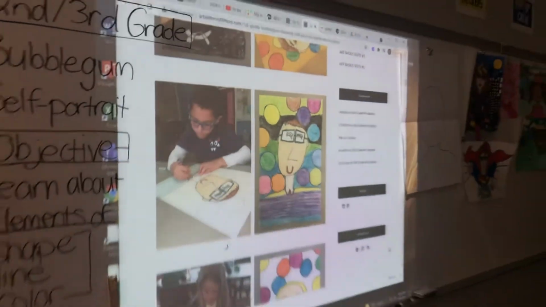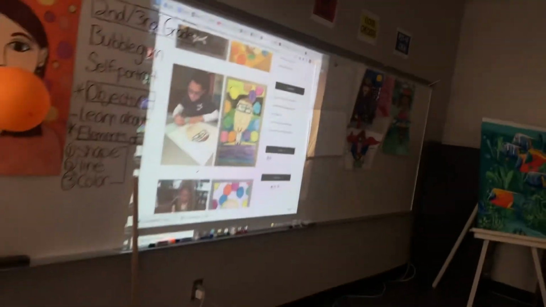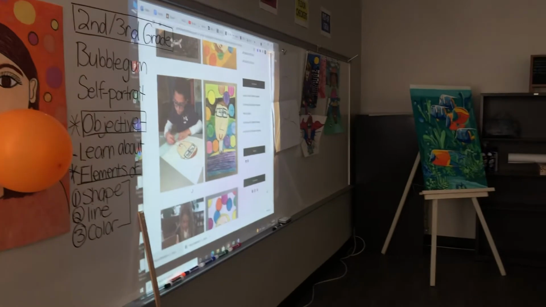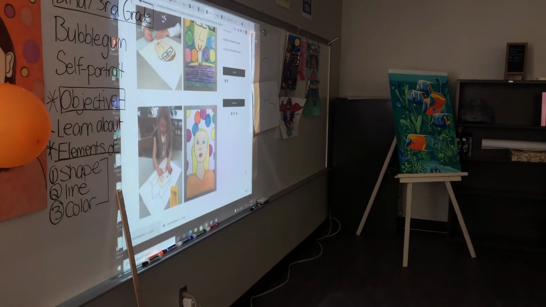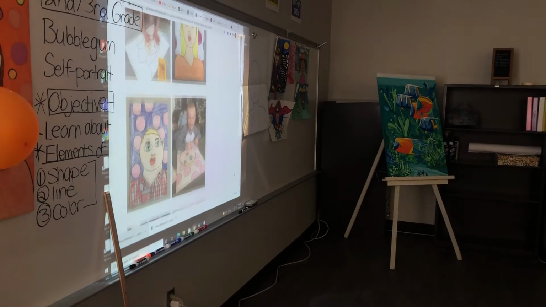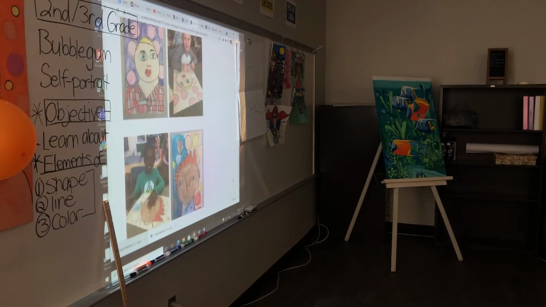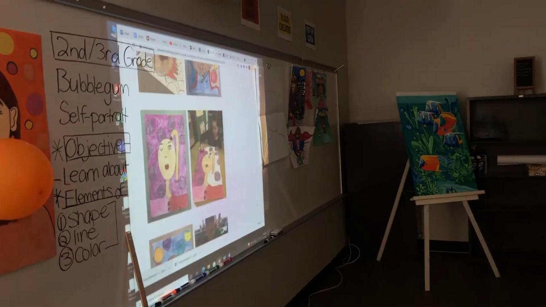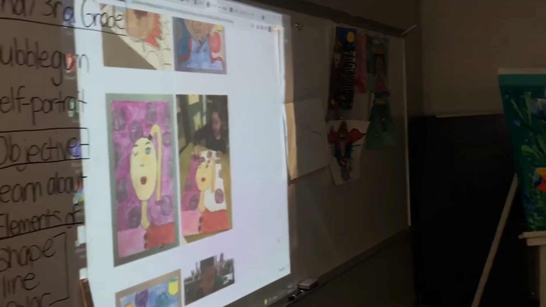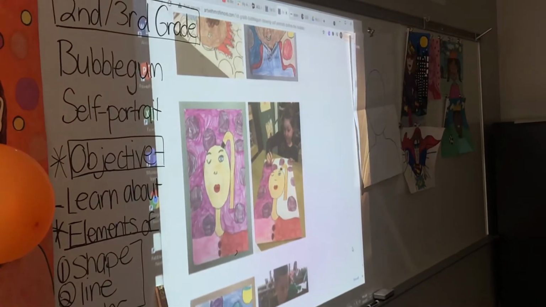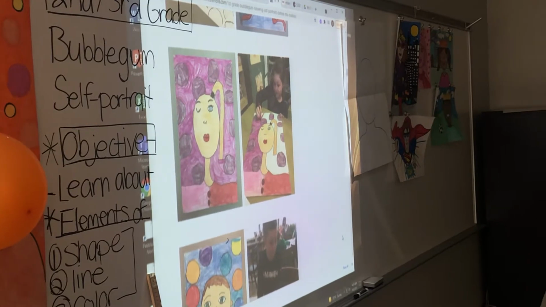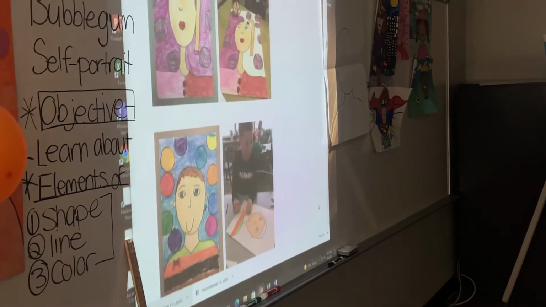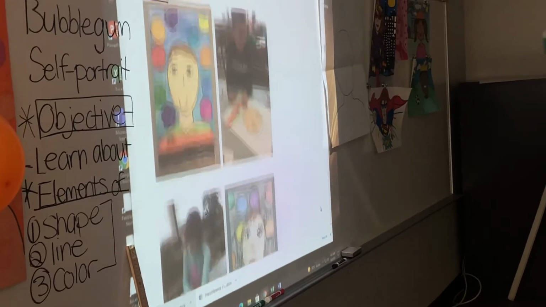So that's a really good example of something that is unique and specific to him as an artist. This girl did a ponytail on hers, which I like, because if you wear a ponytail a lot, that's something that you want to think about adding.